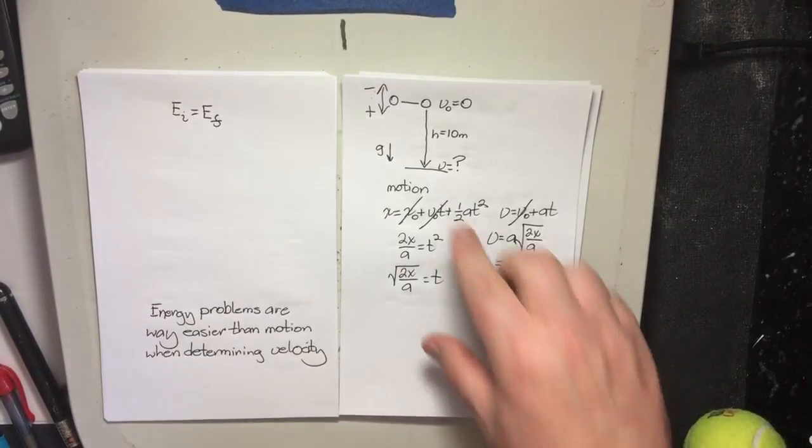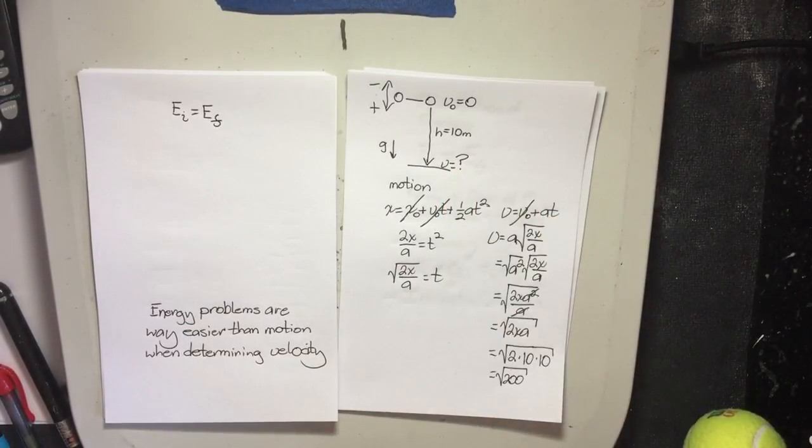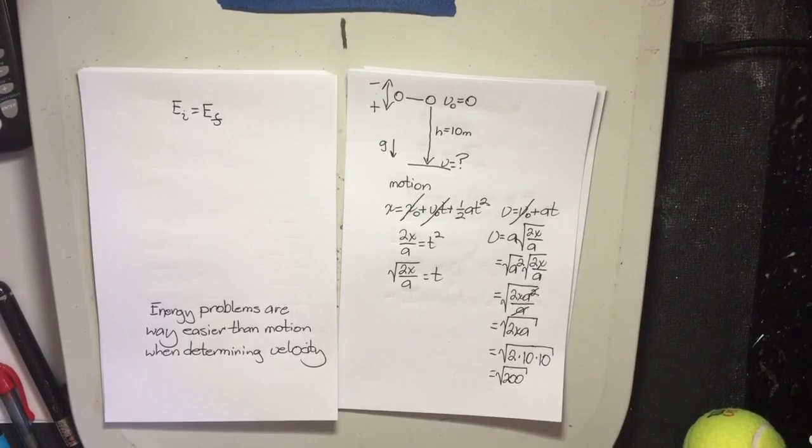If I ask for the velocity at the bottom of a drop and you go, am I more interested in solving for the final velocity or the time of flight? And I go, you want velocity first. Am I required to do it in any specific way? No. Pick your poison. You go straight for energy.